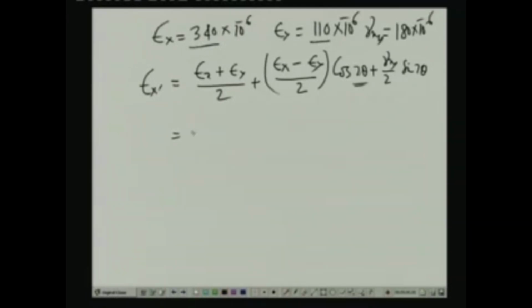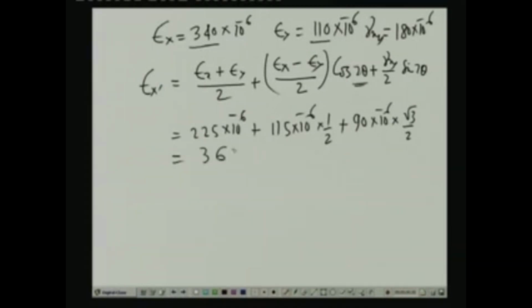So, this gives us a value of 225 into 10 to the power minus 6 plus 115 into 10 to the power minus 6, and cos 60 is half, plus gamma xy by 2 is 90 into 10 to the power minus 6, and sin 60 is root 3 by 2, and this if you compute, it comes as 360.44 into 10 to the power minus 6. So, that is the value of epsilon x along the direction which is oriented at 30 degree with reference to the x direction.